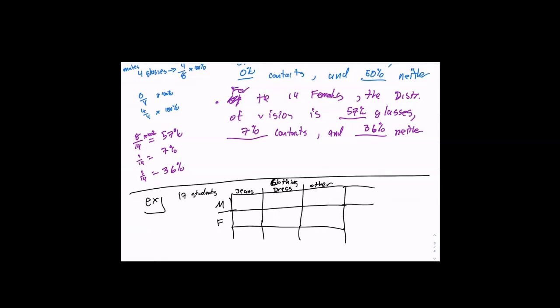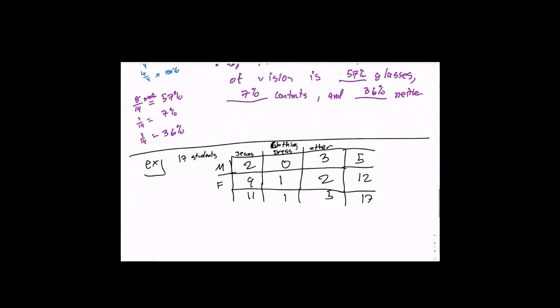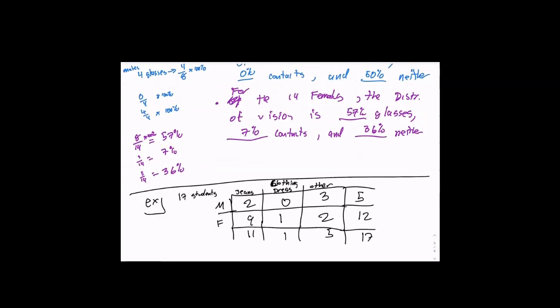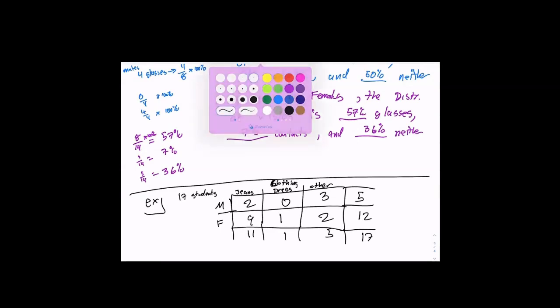Okay, and I have 2, 0, 3, 5, 9, 1, 2, 12, 11, 1, 5, 17. Now, I do want to point out something. If I divide everything out, sometimes this is called a regular two-way table.